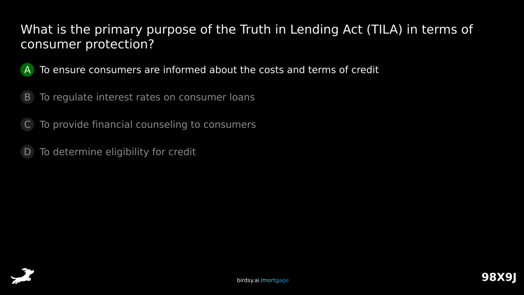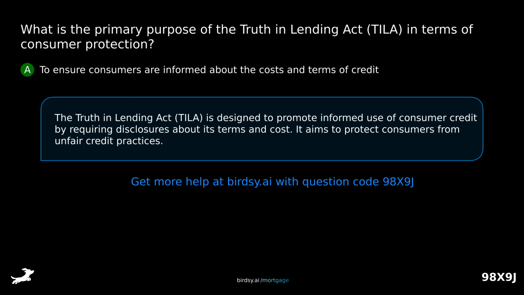The answer is A, to ensure consumers are informed about the costs and terms of credit. The Truth in Lending Act is designed to promote informed use of consumer credit by requiring disclosures about its terms and cost. It aims to protect consumers from unfair credit practices.